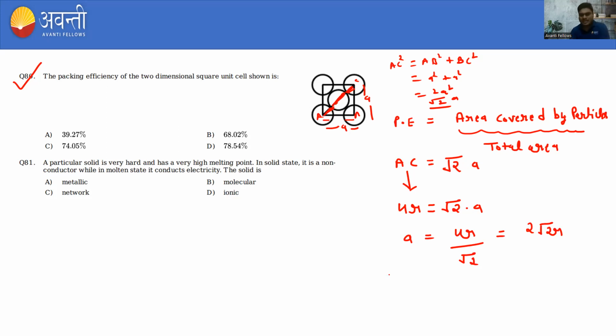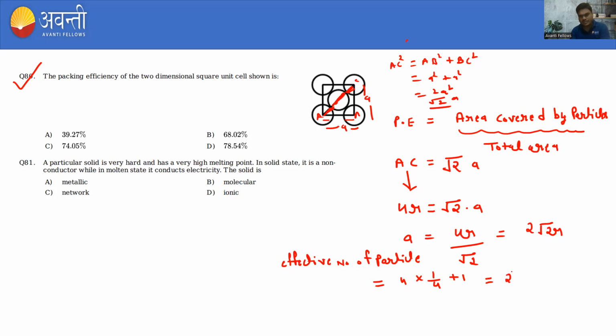Now you have to calculate the effective number of particles. What is the effective number of particles here, beta? The effective number of particles here is 4 particles, each with a contribution of 1 by 4, plus 1.